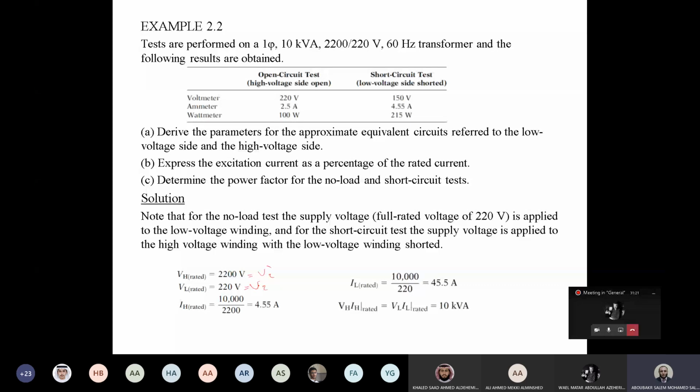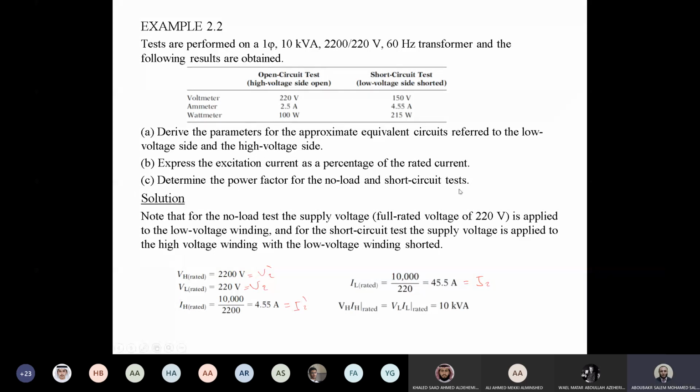Okay. I high, so this is in the primary side, so this represents I2 prime, and this represents I2. This is S rated. طبعا يا شباب for the power there is no side for the power. Power is power. Whatever the side, it will be the same. Okay.